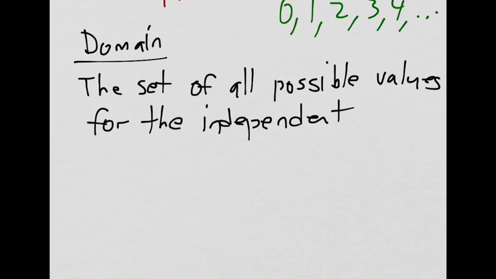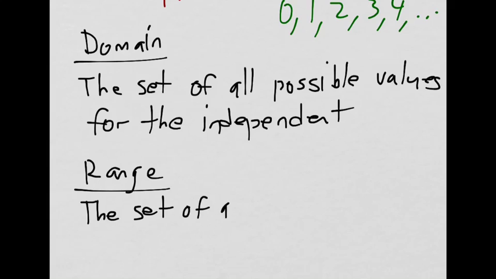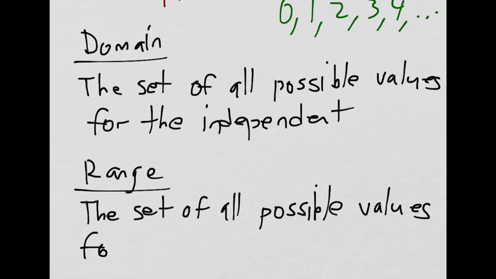Range is similar, except that it talks about all the dependent values. So the range is the set of all possible values for the dependent variable.